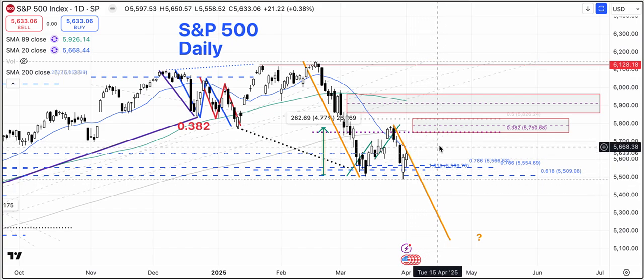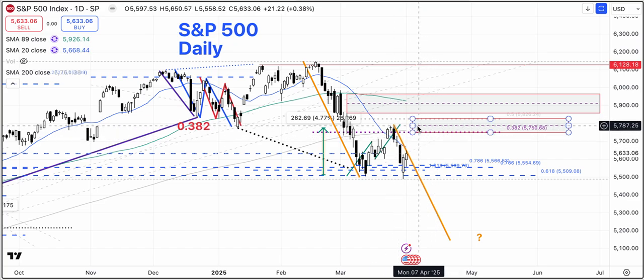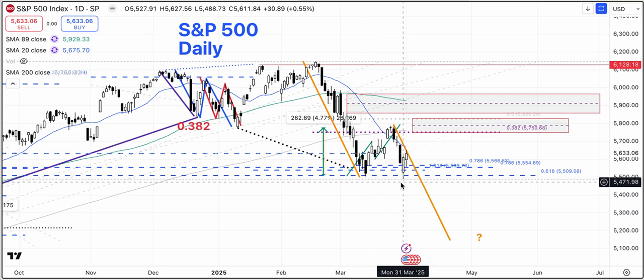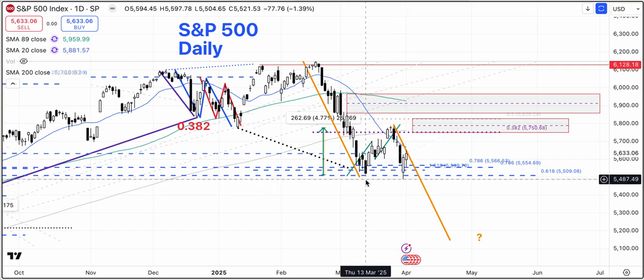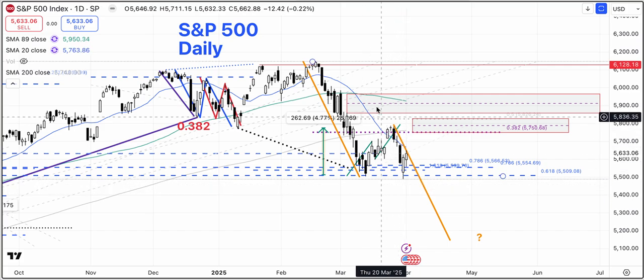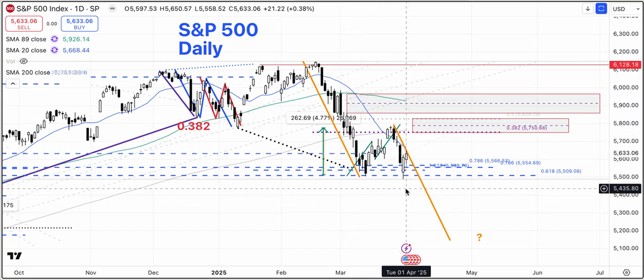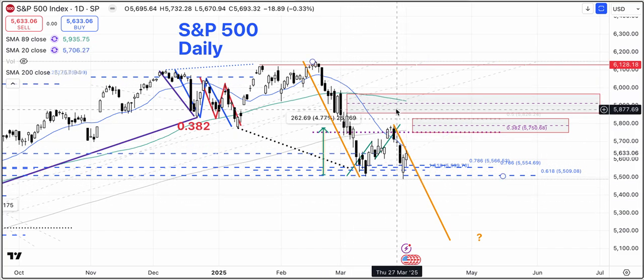Now the key question remains whether the market is making an attempt towards these highs and maybe even higher. Thus far, it has the potential to be a double bottom. The interesting thing about the pattern formation is that it went a little bit lower than the low of the 13th of March, and that, in my opinion, completes this corrective pattern.